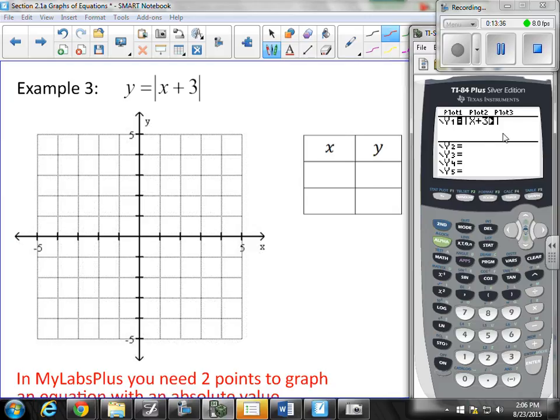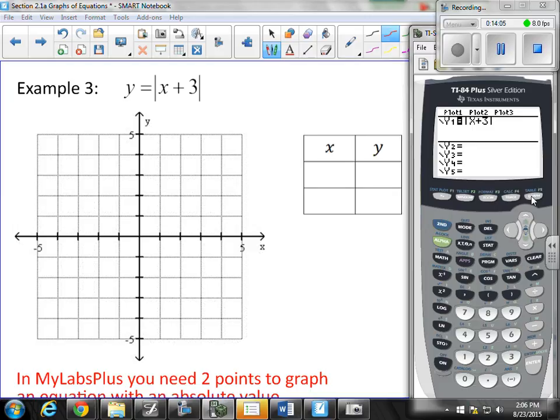Now, depending on your operating system, it may just say ABS with parentheses around it. You want to make sure that your x plus 3 is either in between your absolute value signs, these vertical lines here, or that it's inside the parentheses. And if I want to type something after that, see how it's telling me right arrow key? Right arrow key will get me out. So if I had to do something else in addition to that, that's how I would do that.